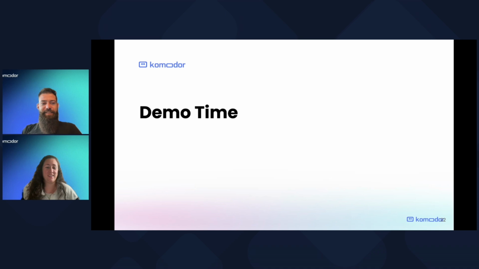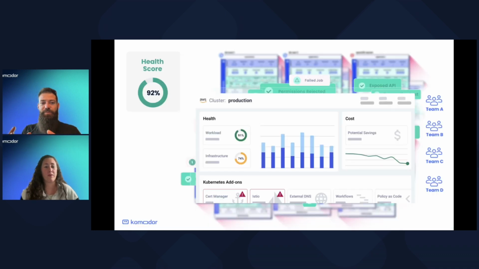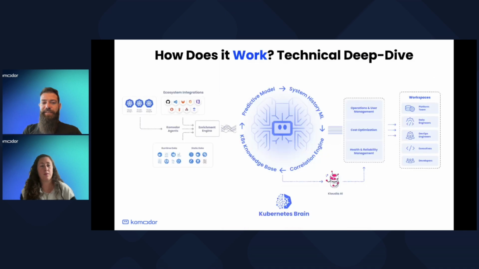Cool. So let's recap before we go into the actual product. What you just showed us is a diagram of the analysis flow at Komodor. And we saw that although health management is the core pillar of the product, there's also value around user access management and cost optimization, RBAC, etc. And you raised an interesting point when you showed the brain and the correlation engine and all those sophisticated things.